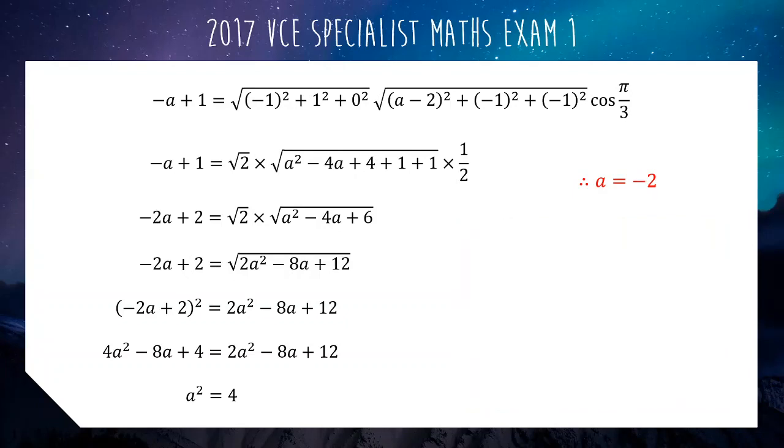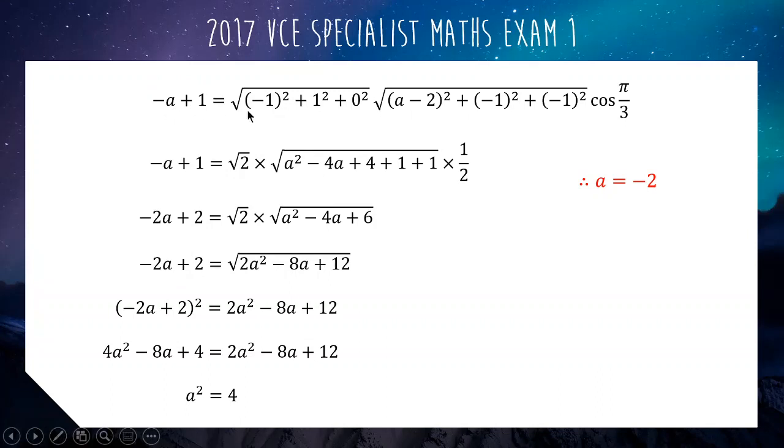Good place to check to figure this out is any of these lines with the square roots, okay? When you square and get rid of a square root, you kind of lose a bit of what's called generality. So where's a good place to look? Even if you just go back to the start, okay? Think about if a was positive 2, you'd get negative 2 plus 1. So on the left, you would get negative 1.